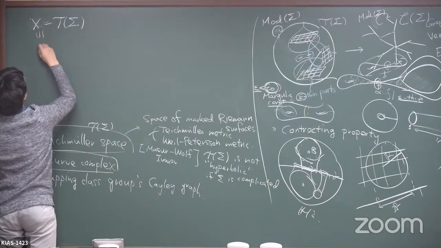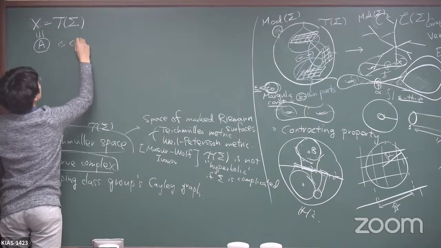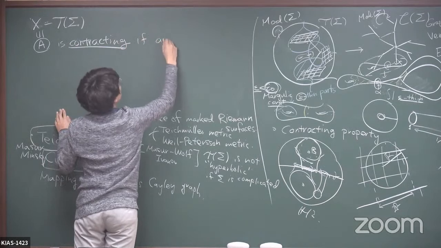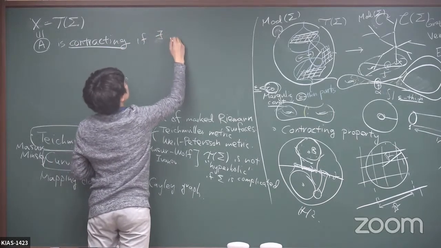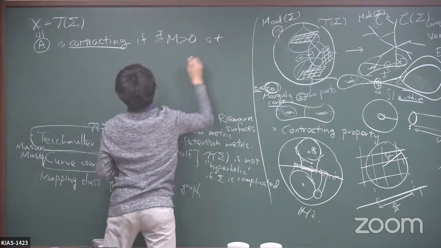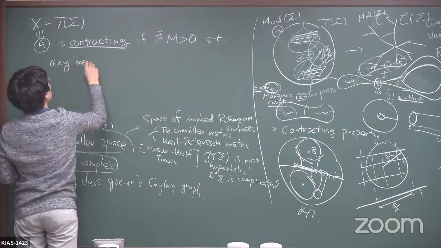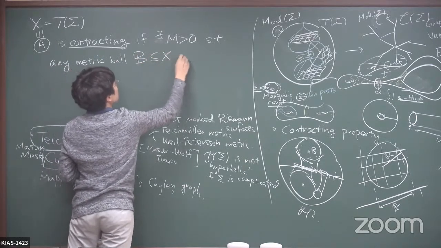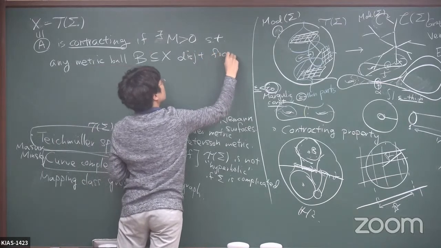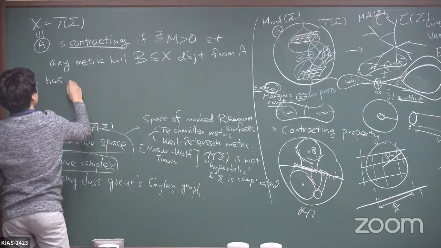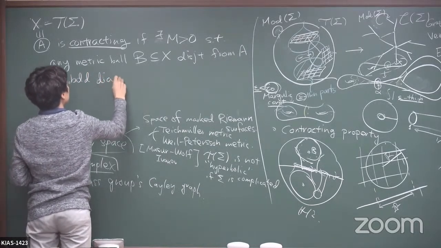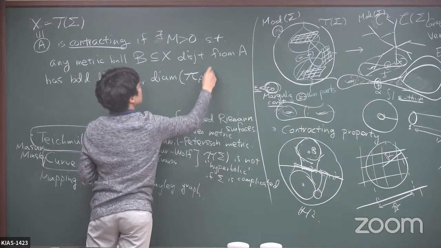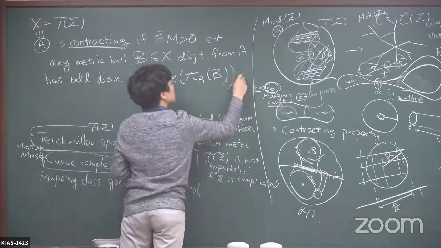A subset A is contracting if there exists a uniform bound such that any metric ball disjoint from A has bounded diameter of the projection of this ball onto A.